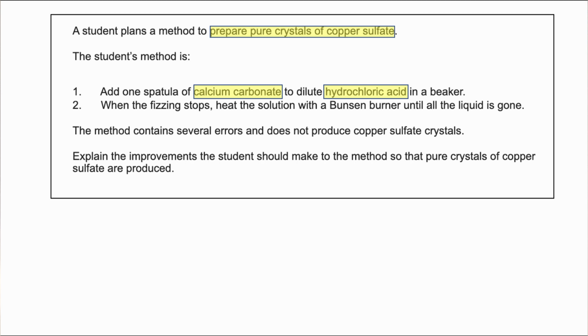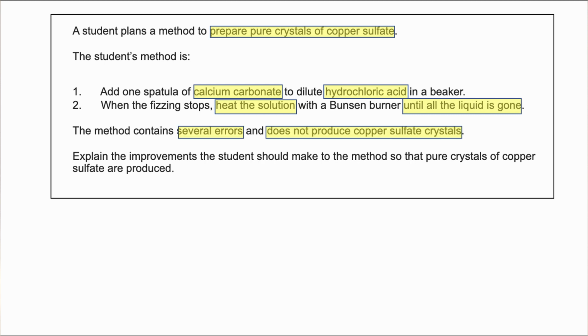Number 2, when the fizzing stops, heat the solution with a Bunsen burner until all of the liquid is gone. The method contains several errors and does not produce copper sulphate crystals. Explain the improvements the student should make to the method so that pure crystals of copper sulphate are produced.